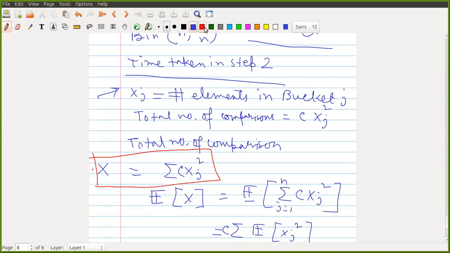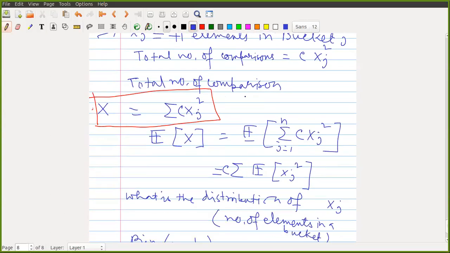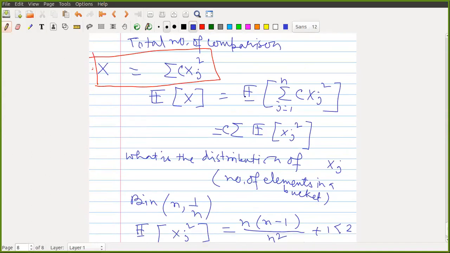And then we manipulate it. As we have seen, this xj follows a binomial distribution where the number of elements is n and the probability of an element going into that bucket is 1 by n.